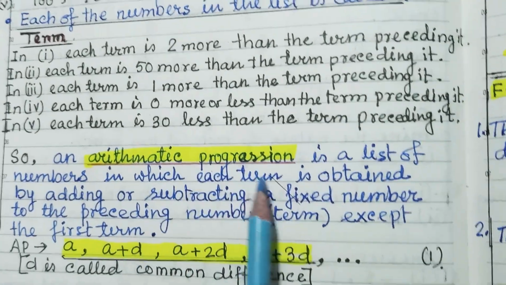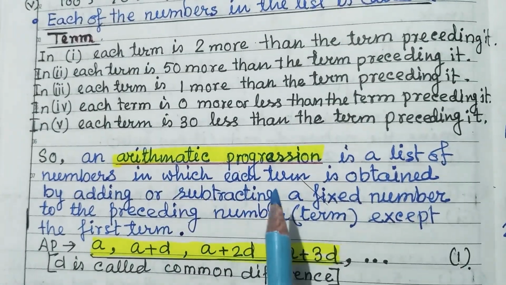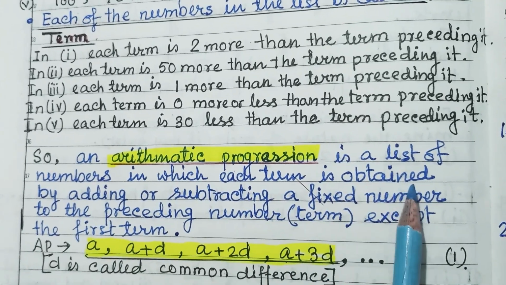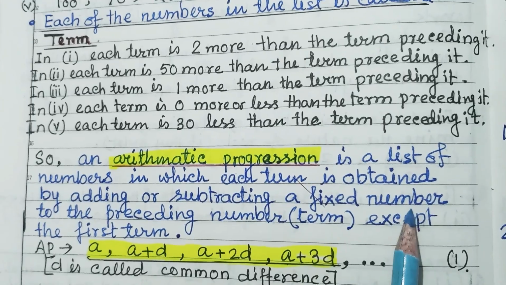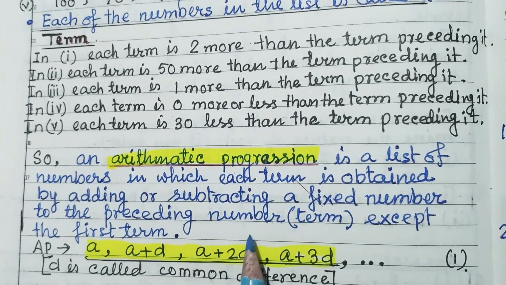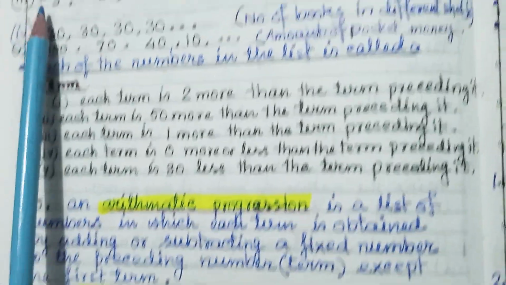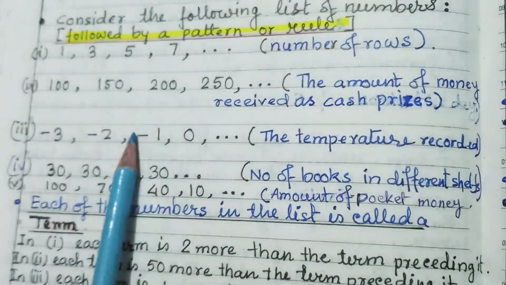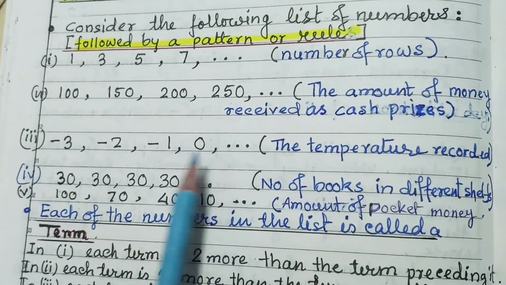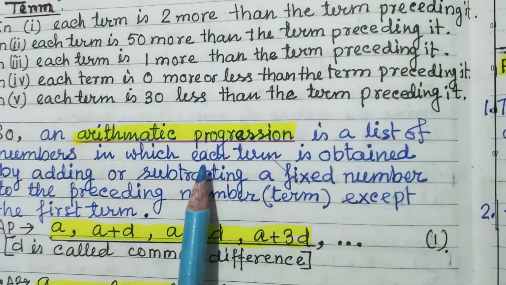An arithmetic progression is a list of numbers in which each term is obtained by adding or subtracting a fixed number to the preceding number, except the first term. Except the first term means for the first term we should not add or subtract any number. After that, the next number should be added. Okay, so this is the definition of arithmetic progression.